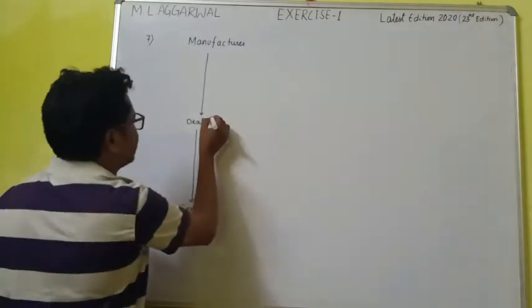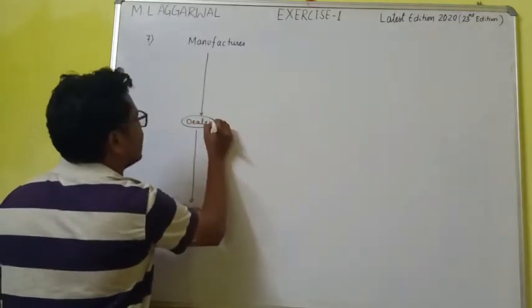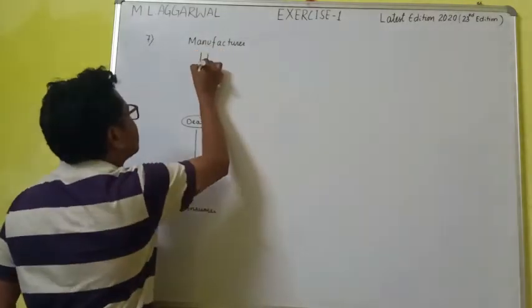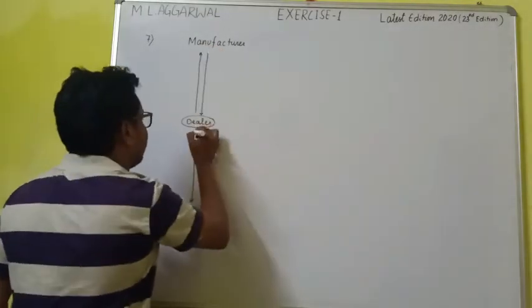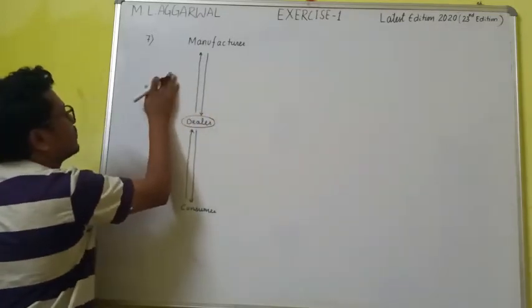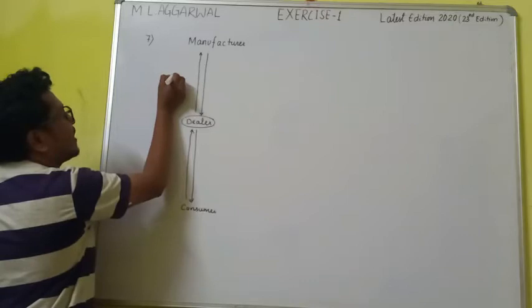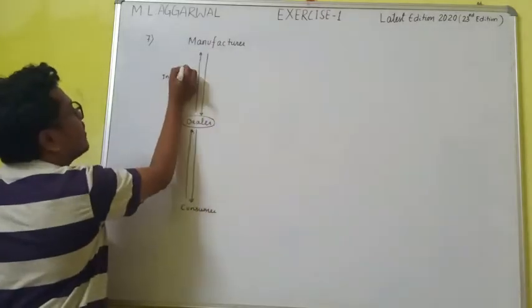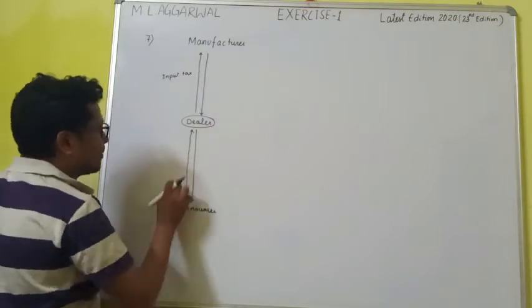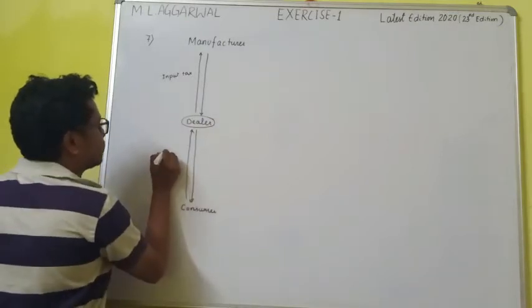So in the first case, see, the tax paid by the dealer to the government. The tax paid by the dealer to the manufacturer is called input tax, and the tax paid by the consumer to the dealer is called output tax.